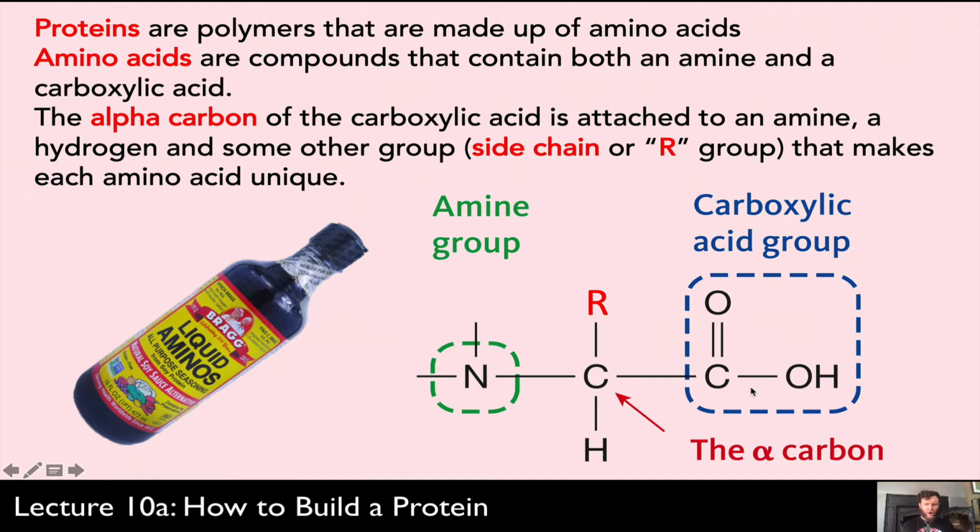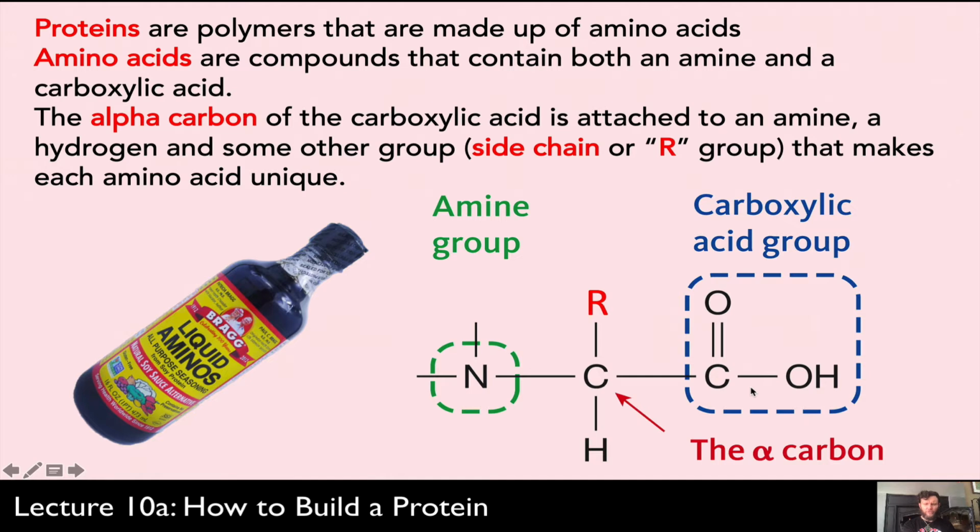The alpha carbon of the carboxylic acid, so the next carbon down the chain, is attached to the amine. So all amino acids have this basic structure that you see here. There's going to be a nitrogen, an alpha carbon that has a side chain that is going to vary.